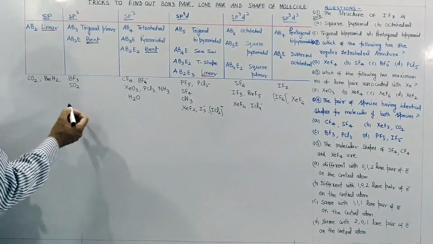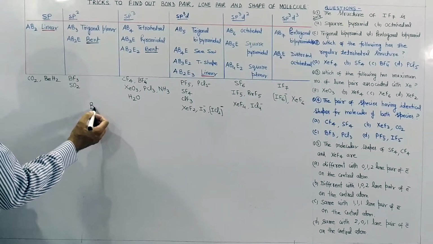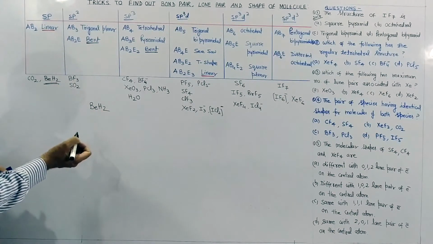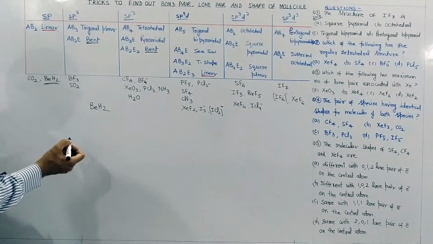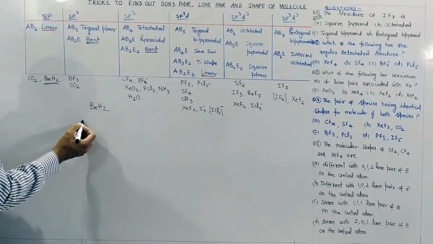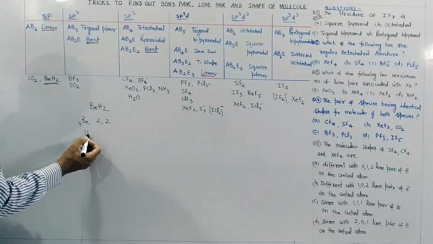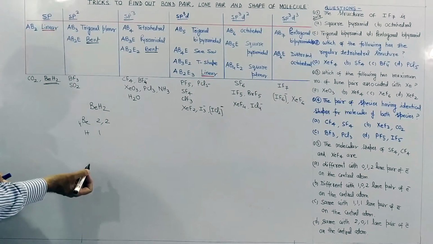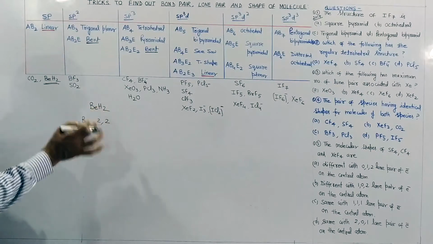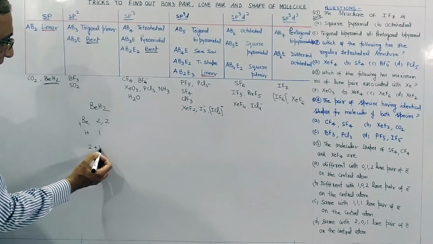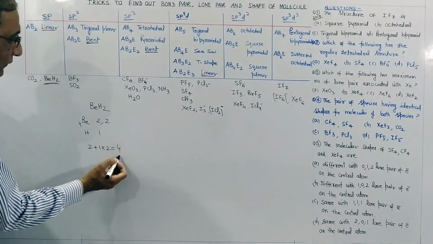For example, if we have the molecule BeH2, how can you find out the hybridization, students? I explained there. Beryllium has 2 valence electrons, hydrogen has 1 valence electron. Adding these, the total valence electrons will be 2 for beryllium plus 2 for hydrogen, which is 4.